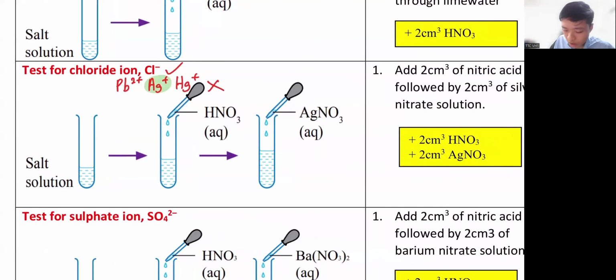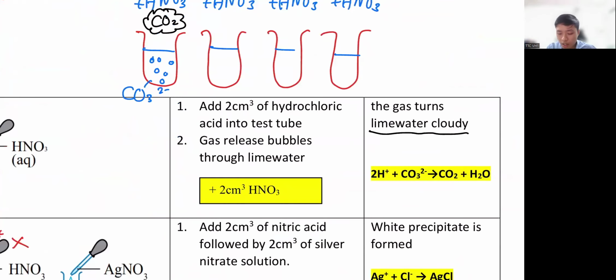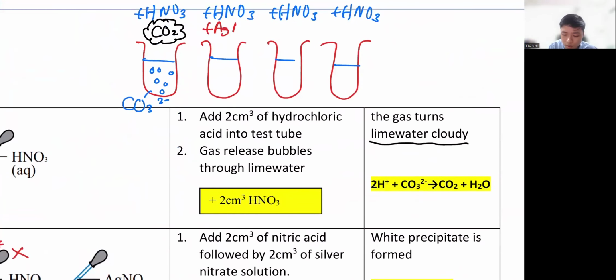Normally I use Ag, so that's why I use silver nitrate for the second one. Let's say I add silver nitrate. Inside I have Cl minus. AgNO3 means Ag plus and NO3 minus.